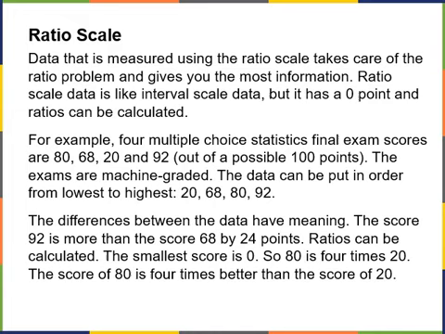The smallest possible score is 0. So 80 is 4 times 20. The score of 80 is 4 times better than the score of 20, for example. And the person with 92 got 92% of the available points. They did very well. The person with 20, not so well. Probably need to go visit the learning center.